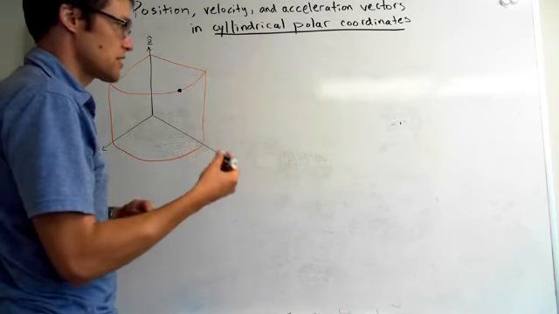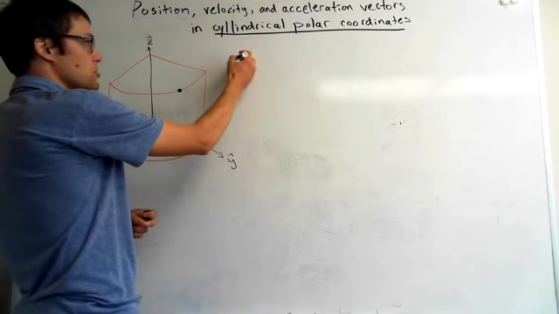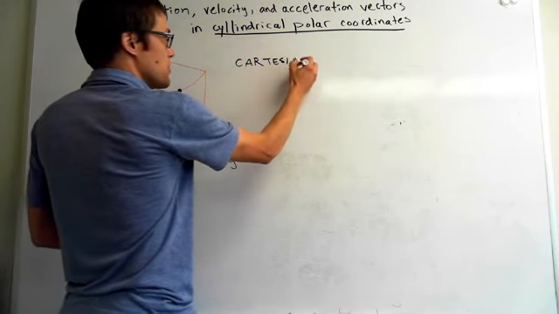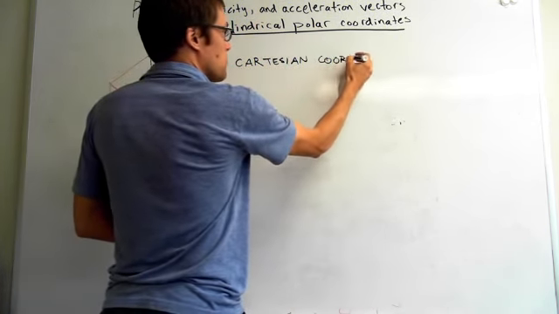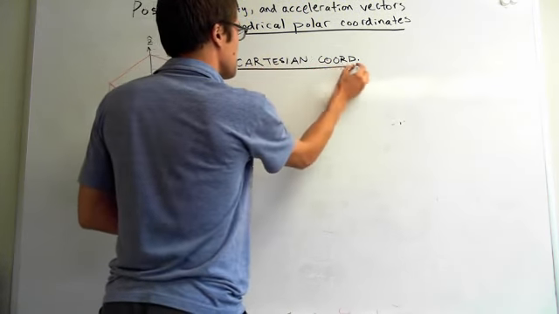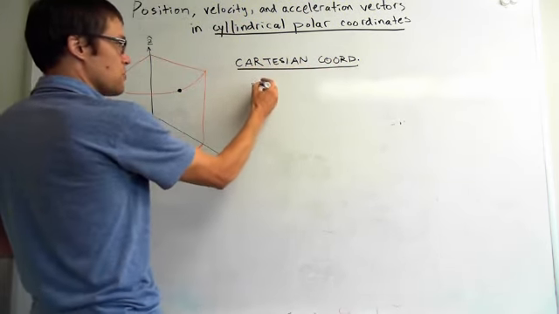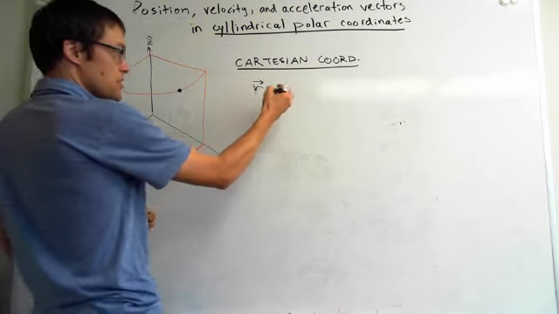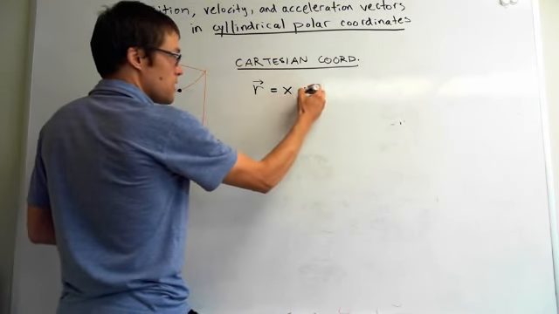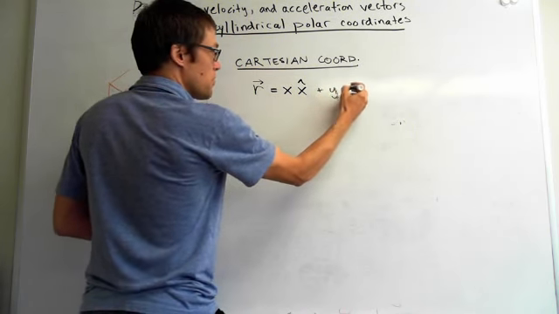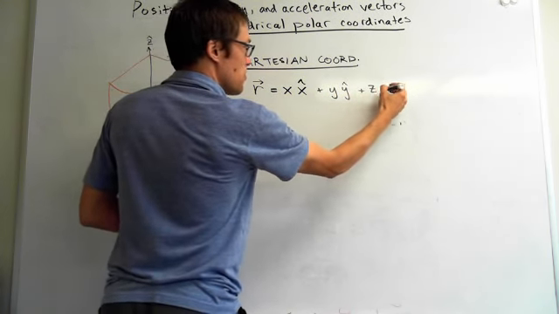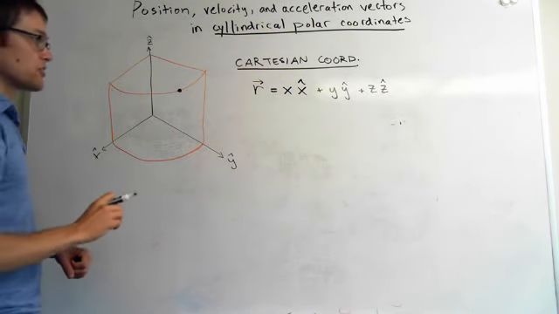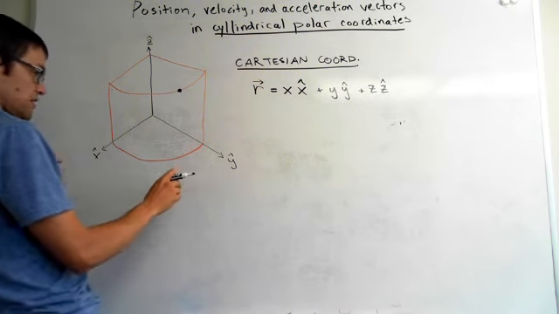As a starting point, to make reference to what you already know, let's write that down in the Cartesian coordinate system first. The position, which we'll represent by the vector r, is the x component times x hat plus the y component times y hat plus the z component times z hat. Remember, x hat, y hat, and z hat are just unit vectors pointing in the x, y, and z directions.